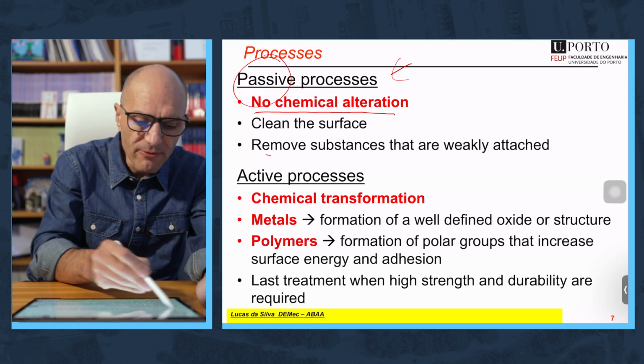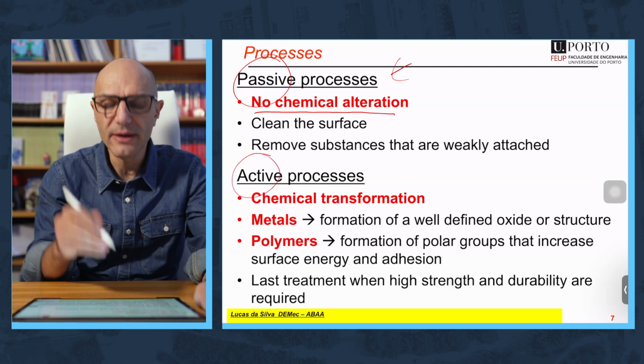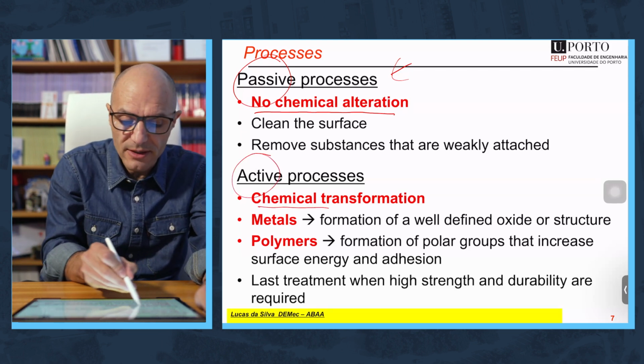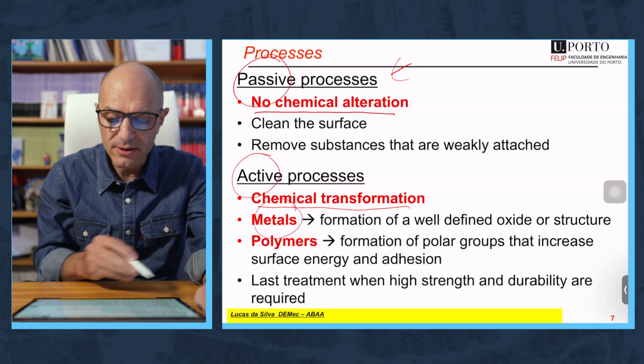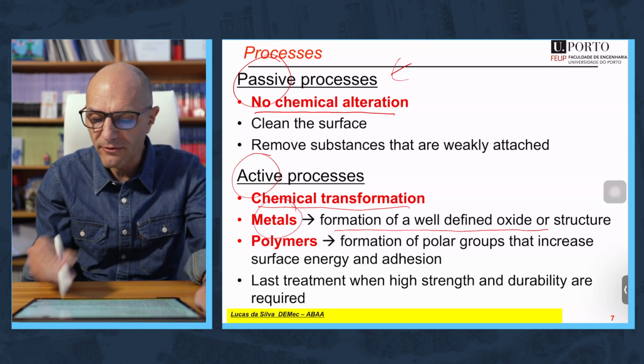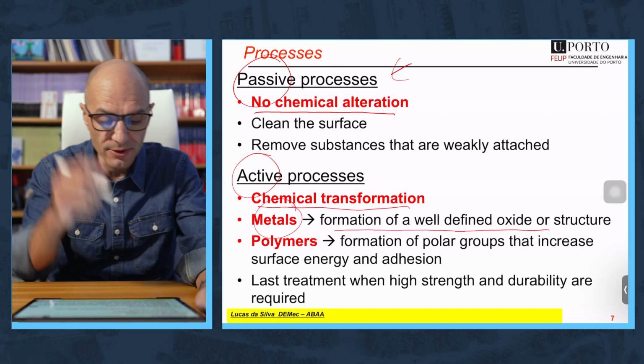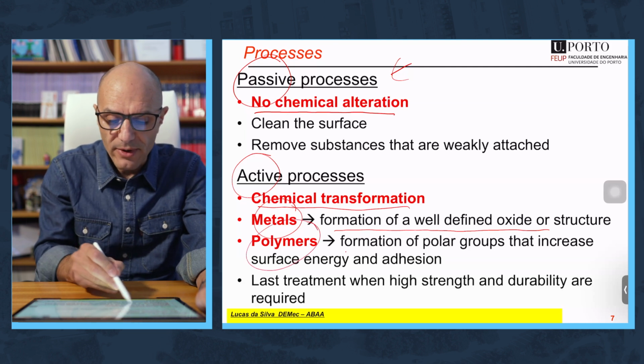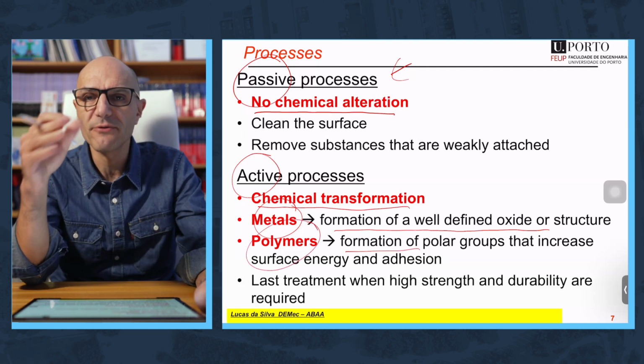Then you have the active processes, where you have really a chemical transformation at the surface. In the case of the metals, we are looking for the formation of a well-defined oxide or structure. In the case of polymers, we are looking at the formation of polar groups.